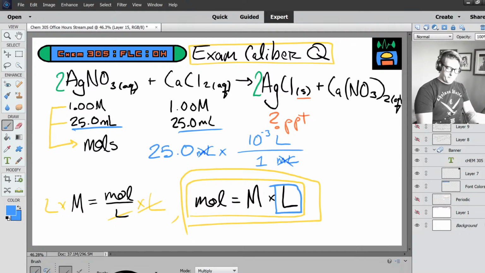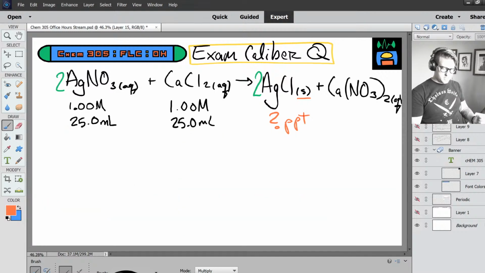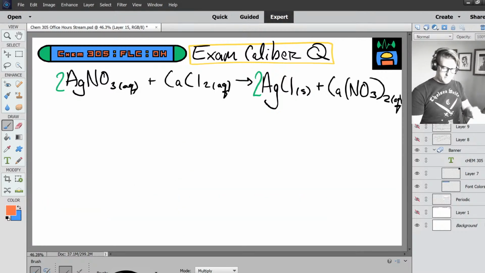Milliliters cancel. So 25 milliliters is equal to 0.0250 liters. Again, we've got to keep the same number of sig figs. Okay, with that in mind, let's go ahead and solve this problem, or at least part B of this problem.